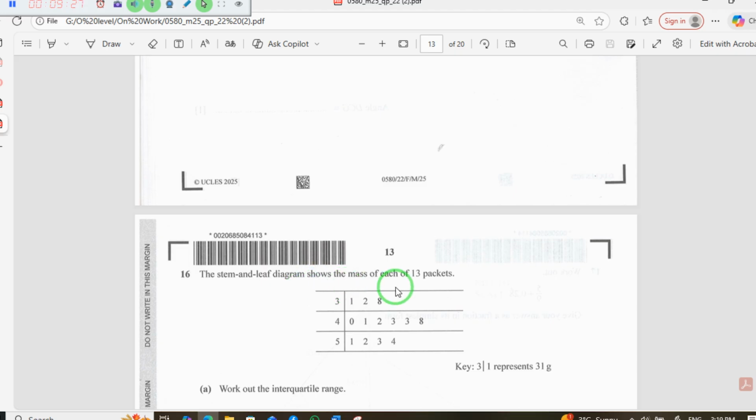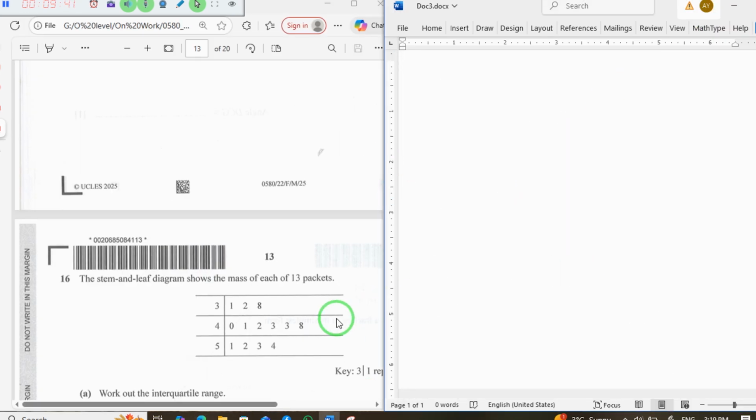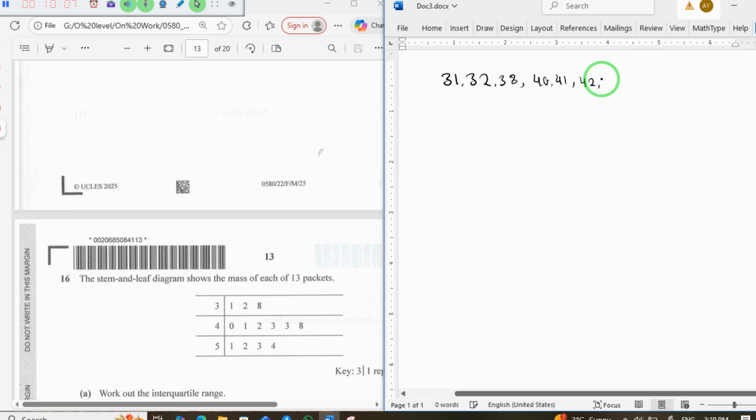The stem and leaf diagram shows the mass of each of 30 packets. So according to this stem and leaf diagram, we can write here 31, 32, 38, 40, 41, 42, 43, 43 repeated, 48, 51, 52, 53 and 54.